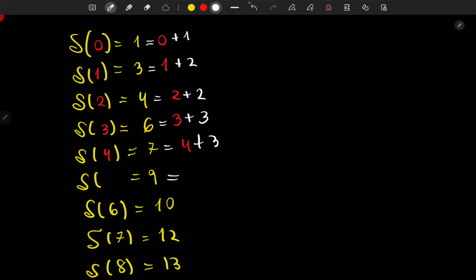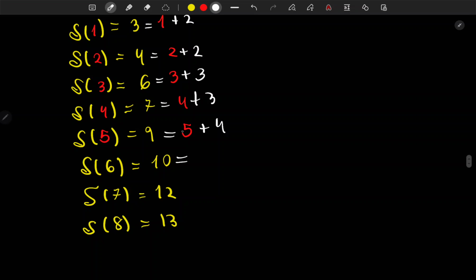I guess I wrote a lot of numbers, it was too much for me, but it's good to see the patterns. This is 6, 7, 8, and we just have to sum here with 4, here with 5, and here with 5 again. Okay?